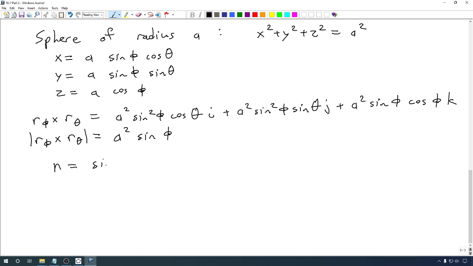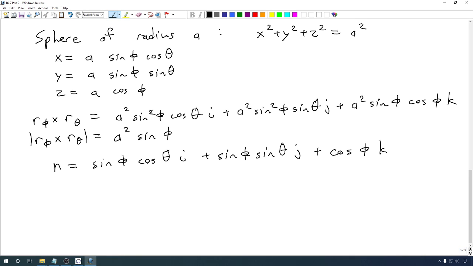We have sine phi cosine theta for i. For j, we still have a sine phi and a sine theta. And for k, the first part completely goes away and we're just left with cosine of phi. So a fairly nice formula.